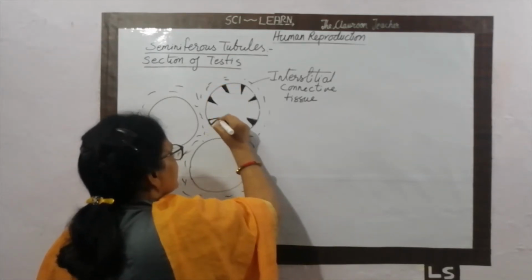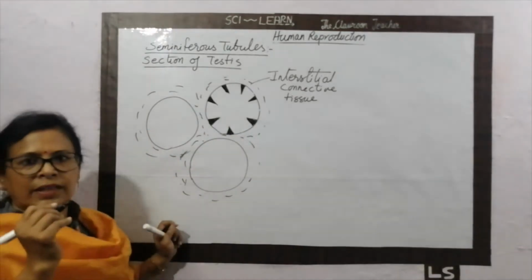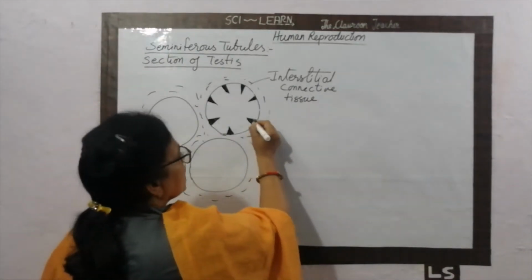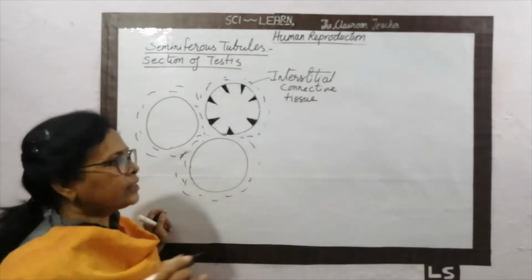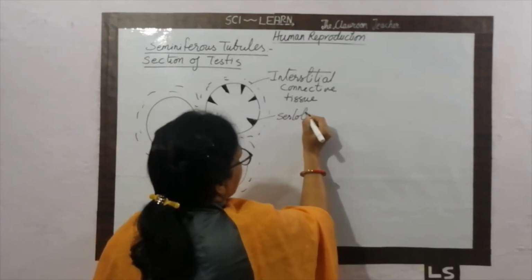So these are the first type of cell present in the seminiferous tubule. This cone-shaped cell is called the Sertoli cell.